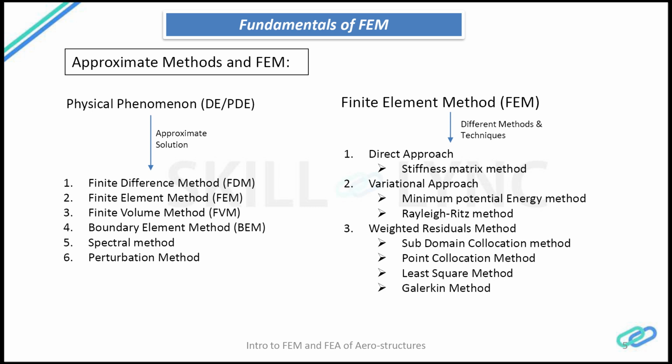Suppose, for example, they start with the variational approach by selecting a polynomial equation for a displacement field, and once the polynomial equation has been selected for a particular displacement field for the model, the equation is solved using the direct matrix method.